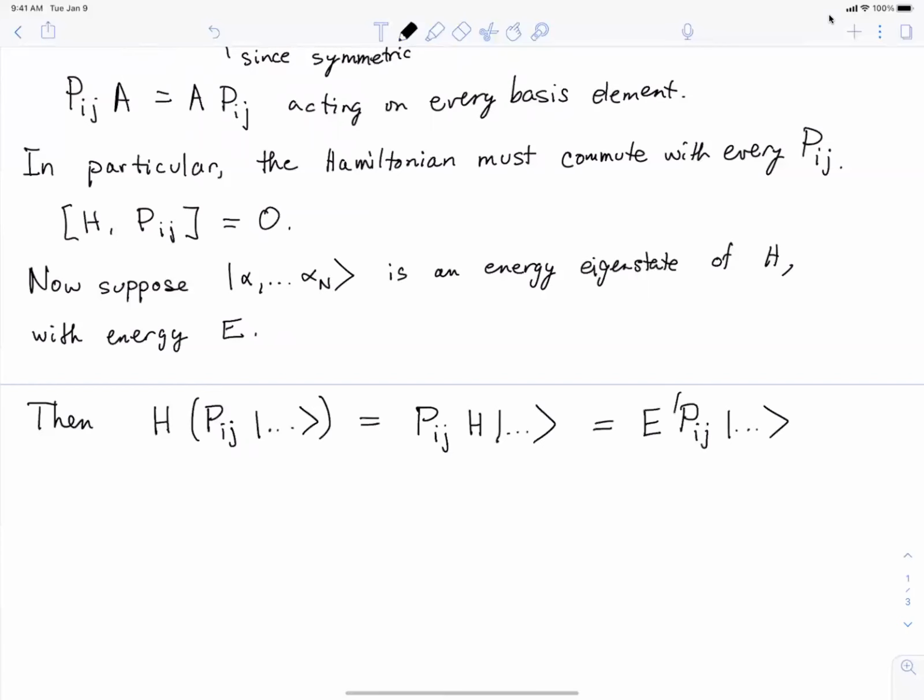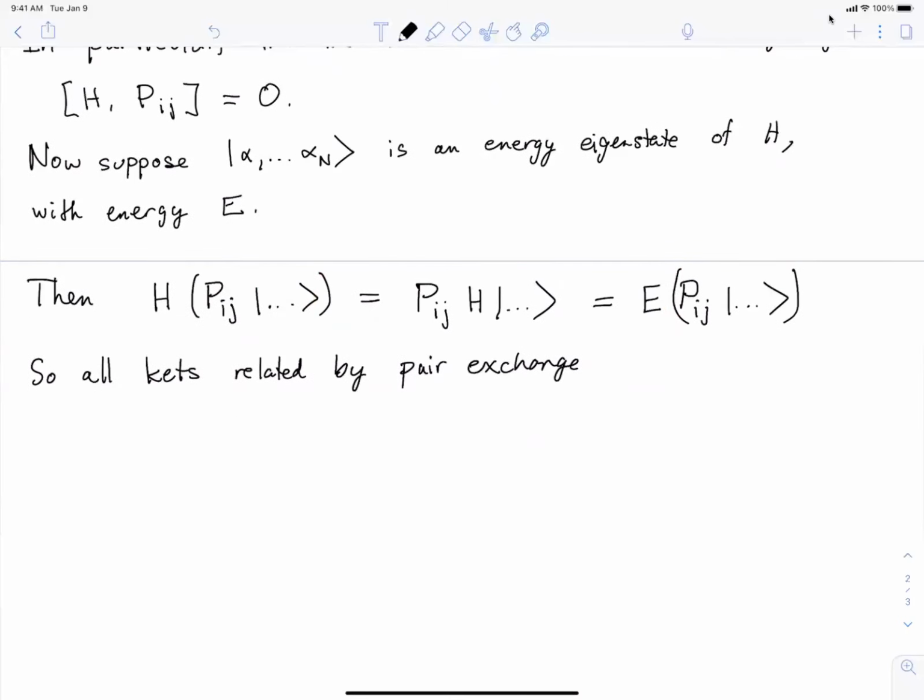Okay, and let me draw parentheses around that, because that means what we've learned is we started with this state indicated by the dot, dot, dots that was an energy eigenstate with energy E. And now we found another state that also has energy E, energy eigenvalue E. And so what that's telling us is that all kets related by pair exchange, and by doing multiple pair exchanges, you can do permutations of more than one particle.